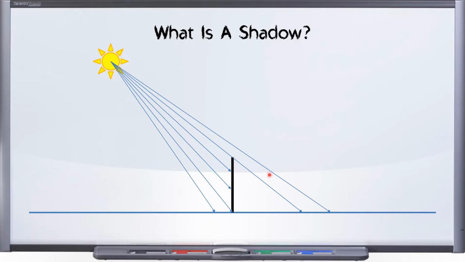So over here, we have sunlight hitting the floor. And here we have sunlight hitting the floor. But right here, in this region, the sunlight is being blocked by the stick, and that creates the shadow. The shadow is whatever is blocking the light, creates that pool that the light cannot get to.